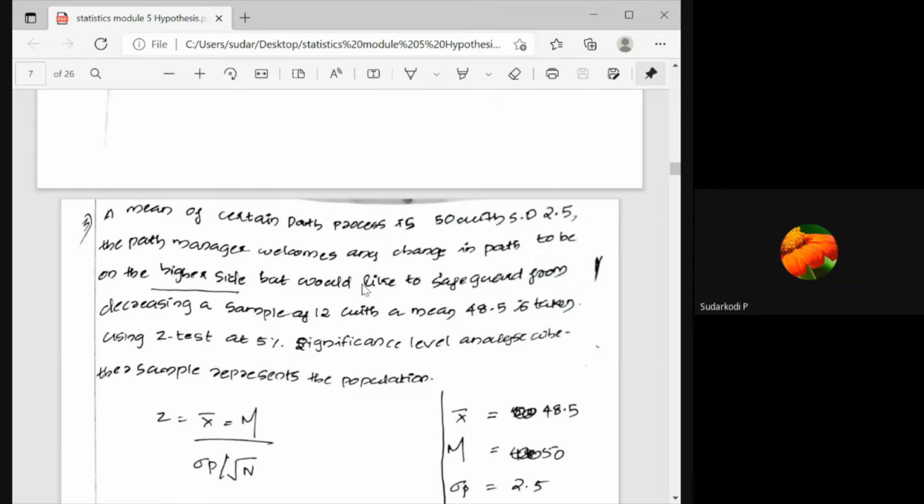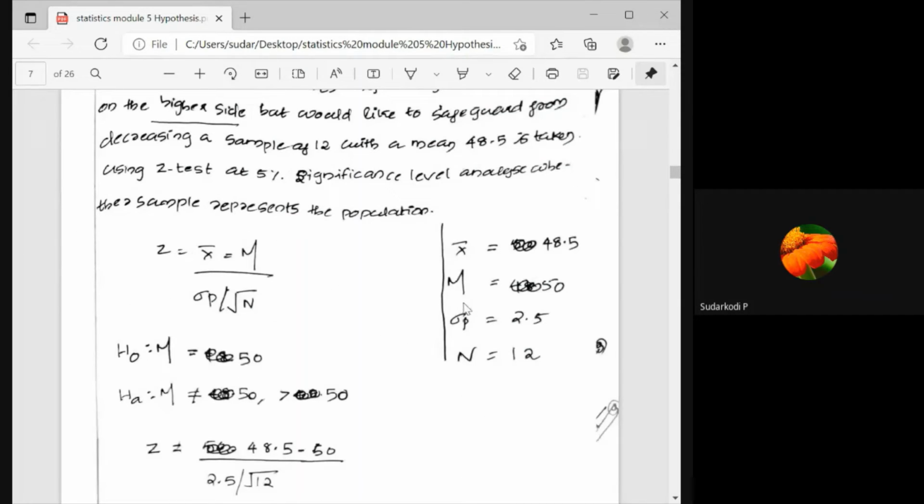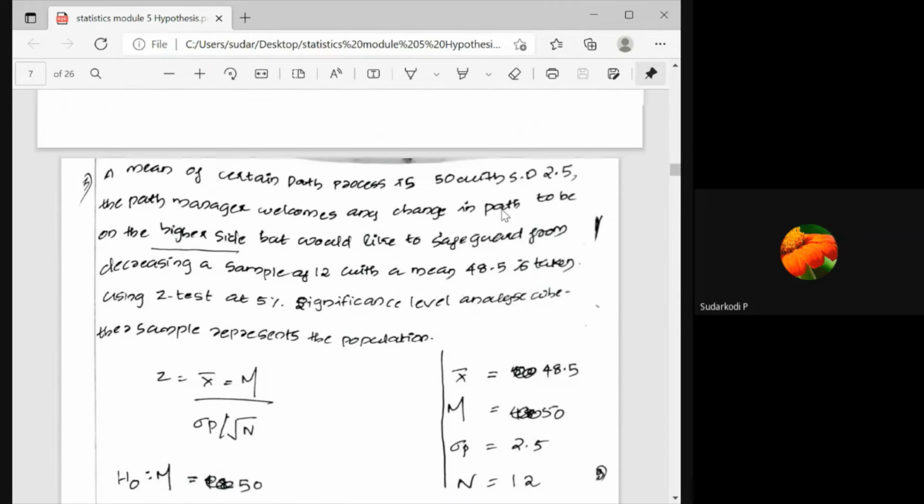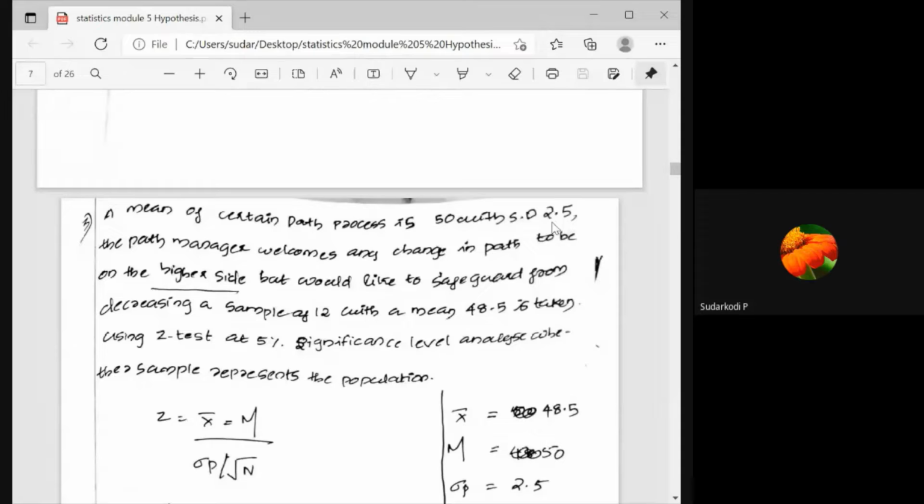So you have a population mean mu of 50, sample mean 48.5, sample size n of 12, and the standard deviation of population is given here in the first line, 2.5.